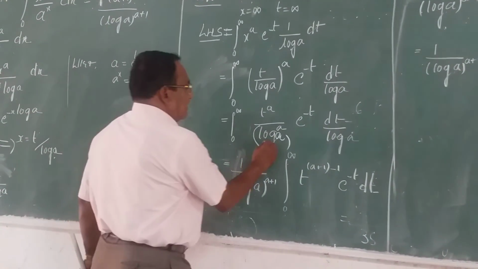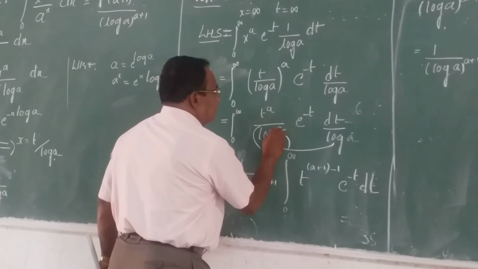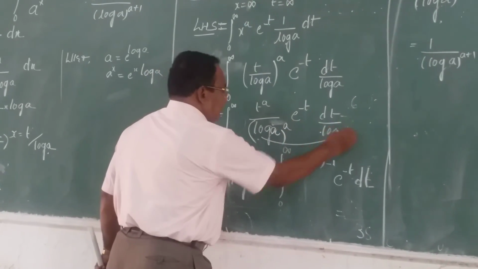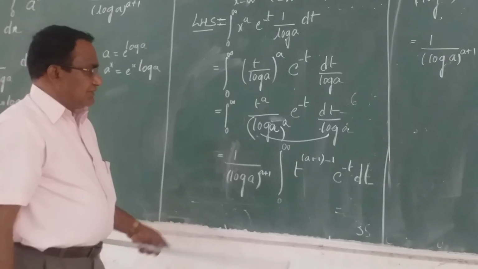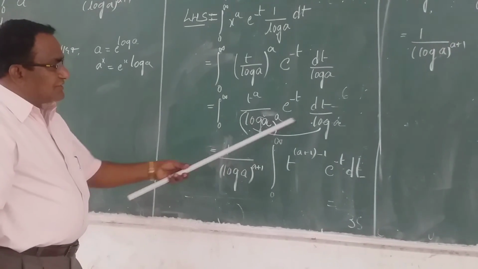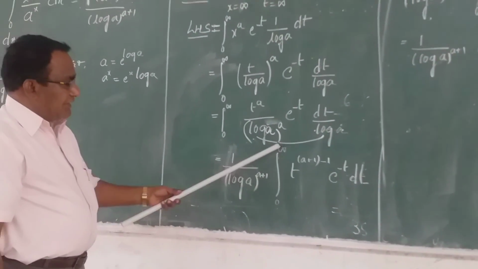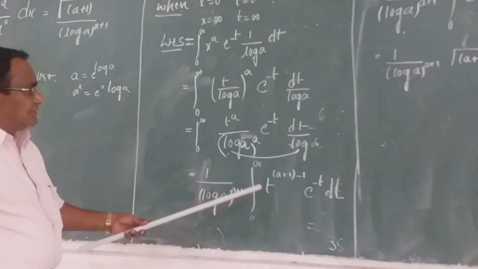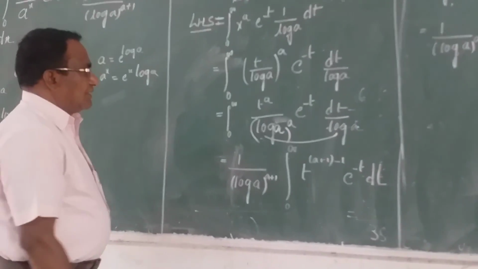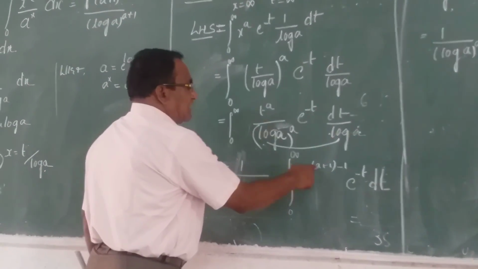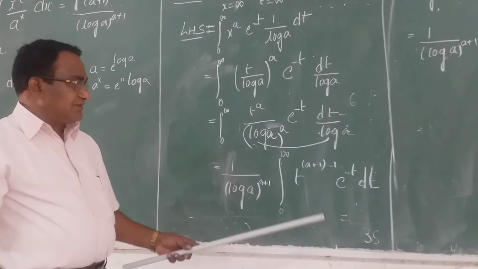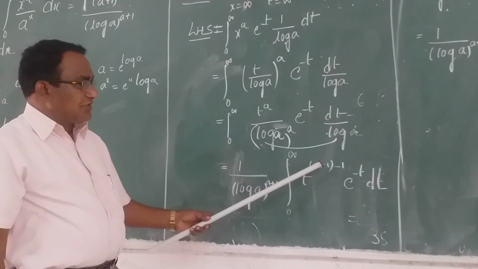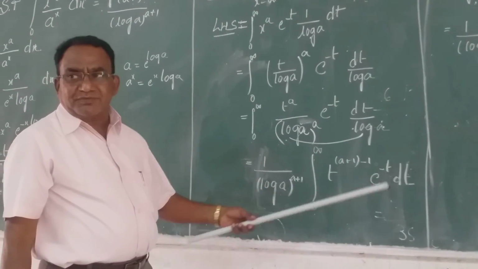This (log a) whole to the power a into log a is (log a) whole to the power a plus 1. It is a constant, so it can be written outside. The integral from 0 to infinity of t to the power, you write this in this fashion, a plus 1 minus 1, because by the definition it is x to the power n minus 1 and e to the power minus x.